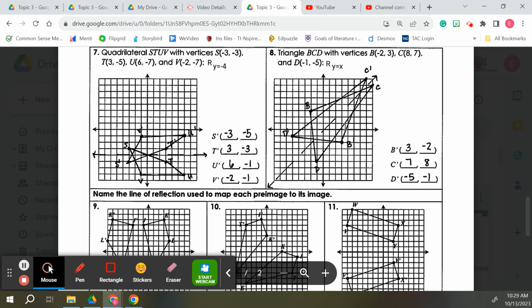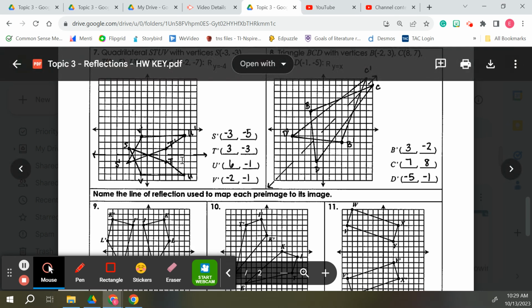Now 7 should have reflected over itself. Any questions on that, on those two, on number 7?